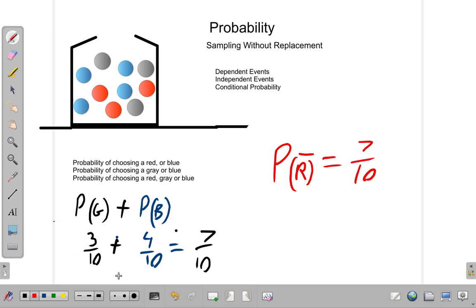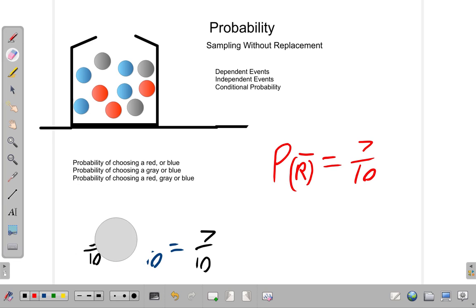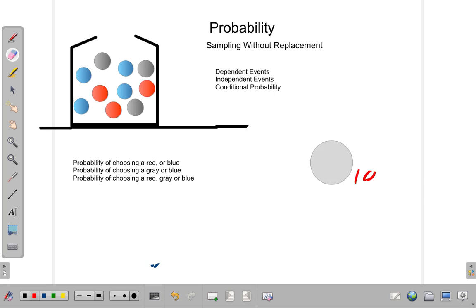And then another thing I wanted to do, and I asked you to do, is to calculate the probability of picking a red, gray, or blue. Well, probably you wouldn't even have to calculate that. You can tell me the answer quickly if we were looking at previous videos. Well, let's look at the calculation anyway.